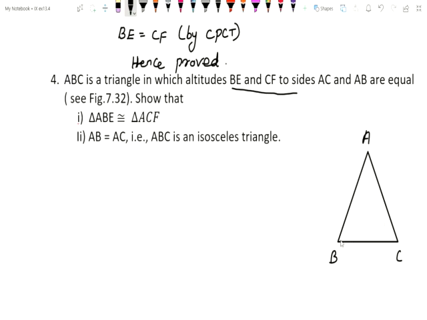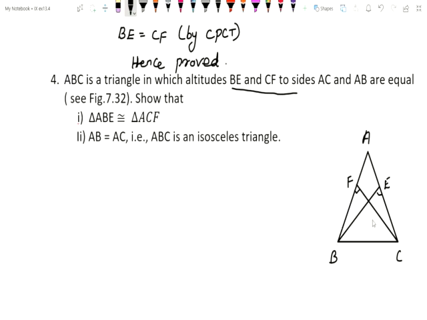So AC, the opposite is BE, is the altitude of AC, and CF. BE, CF, 90 degrees.